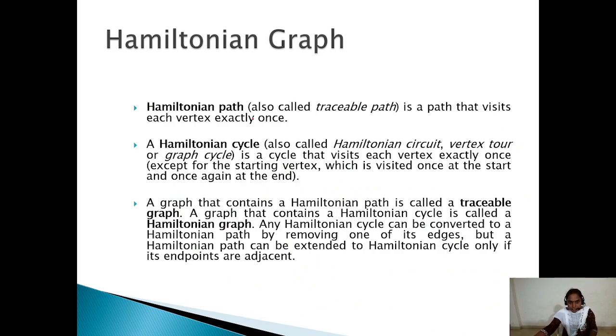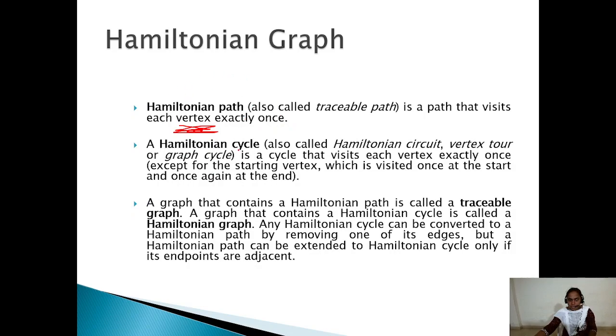Each vertex is visited exactly once. This is the Hamiltonian graph or Hamiltonian path.